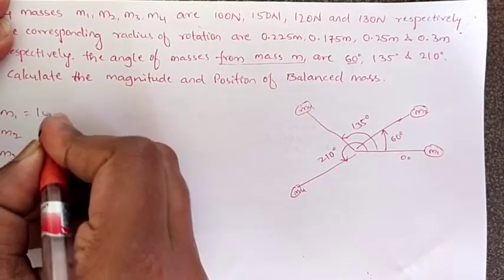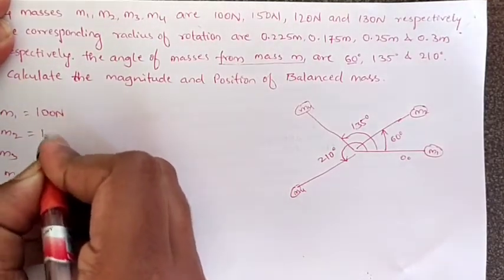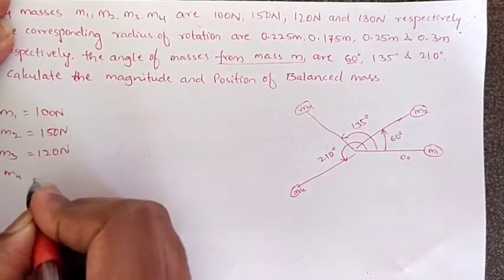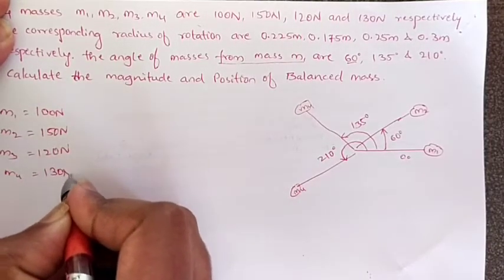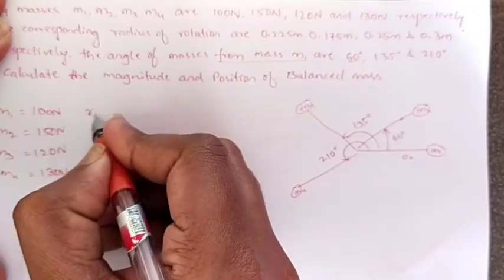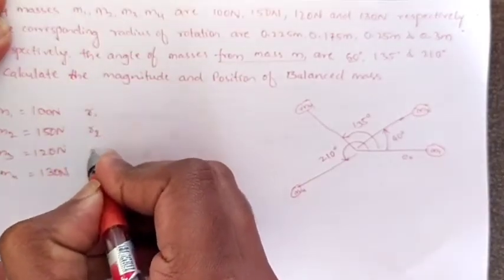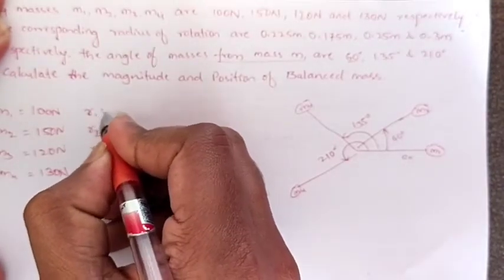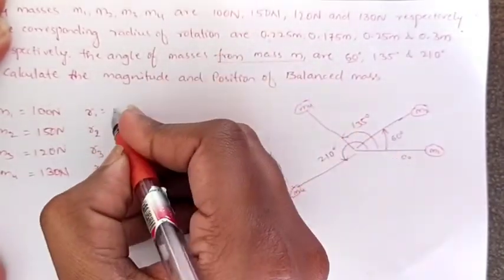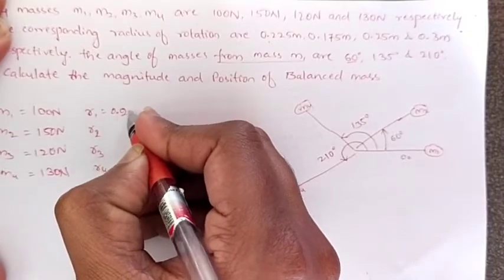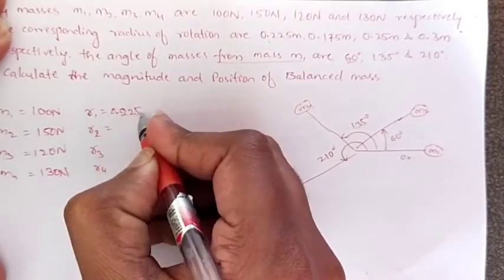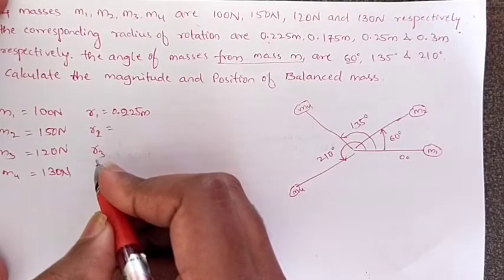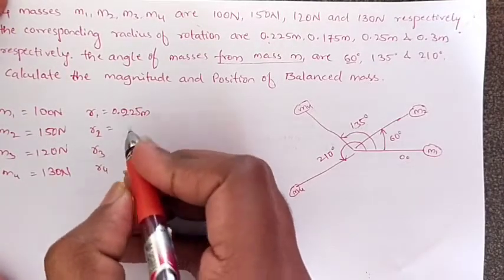It is given M1 is 100 Newton, M2 is 150 Newton, M3 is 120 Newton and M4 is 130 Newton. And the radii are given: R1, R2, R3 and R4. So how much are the radii? 0.225 meter. If it is given in millimeter, you should divide by 1000 to get it in meter.